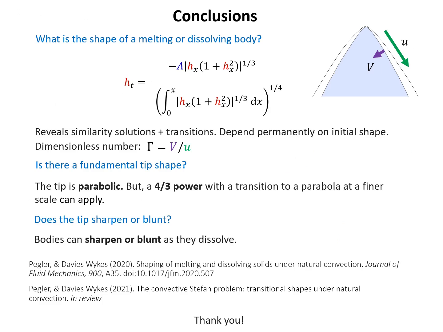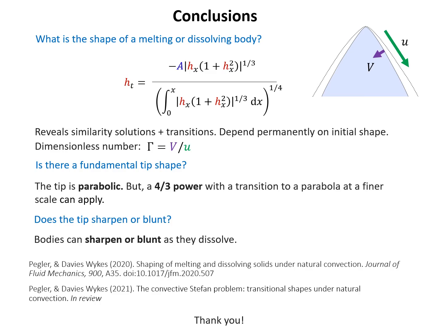So to conclude, we've managed to answer many of the open questions which we posed earlier in the talk. In particular, we've developed this new PDE, which describes the evolution of the shape of a melting or dissolving body. This generalizes classical theories of natural convection to allow for that evolution. Analysis of this PDE reveals similarity solutions and also transitions between similarity solutions, and shows that the shapes that arise depend permanently on the initial shape that you prescribe.